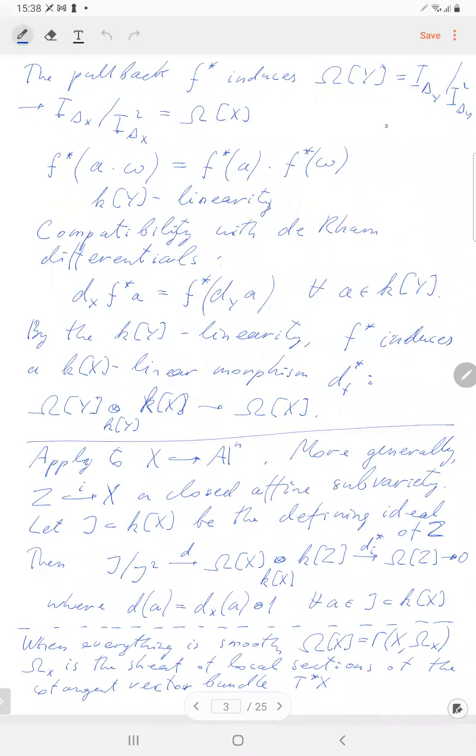So here was this property. There was a relation of Kähler differentials on a closed subvariety, so how to write them down in terms of Kähler differentials on the ambient variety.